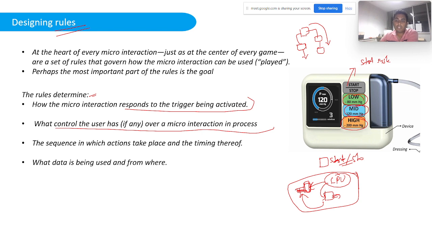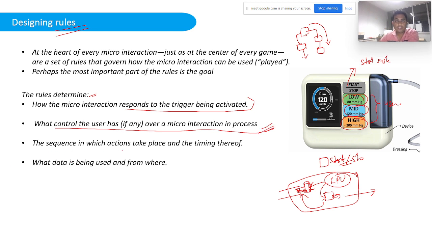Depending upon the pressure value, the motor will run at a different value. So these are the user controls that you have provided. Now the user can choose any one of these three parameters, and then he can select the state of the running condition.